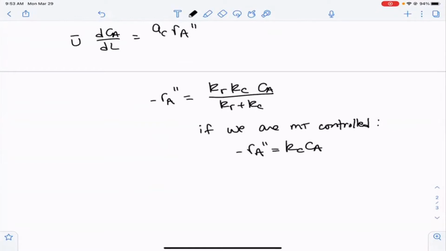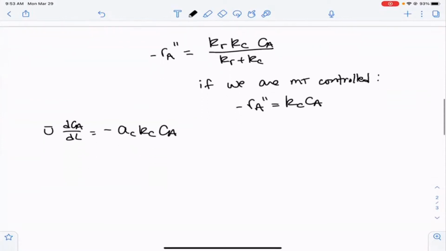So let's combine these things together, and we'll find that the linear velocity times dCA/dL is equal to minus aC times kC times CA. And of course, we can solve this with some initial conditions.